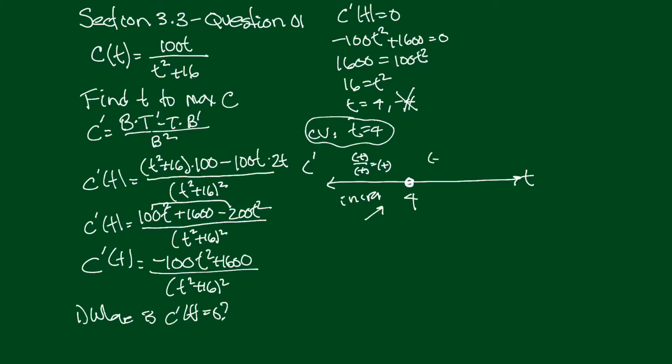So I'm getting a negative in the numerator. Bottom is positive because of that square. Whole thing is negative, so this function here is decreasing. It's going down. So we got increasing on the left, decreasing on the right. So this must be a relative maximum. And that is now proof that 4 hours will give us the maximum concentration.